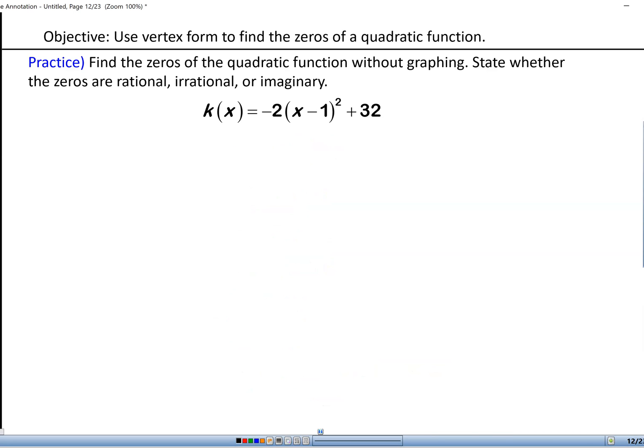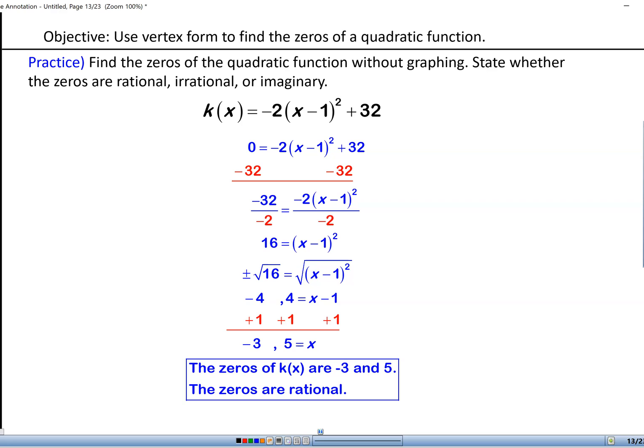Another practice problem for you to try. Let's take a look. So here you should have started by subtracting 32 from both sides and then undoing the multiplication, dividing by -2. Negative divided by negative is a positive, so you have a positive 16 there.